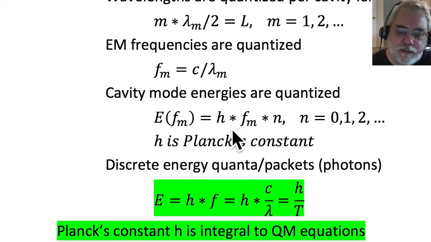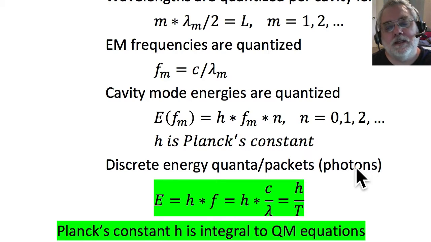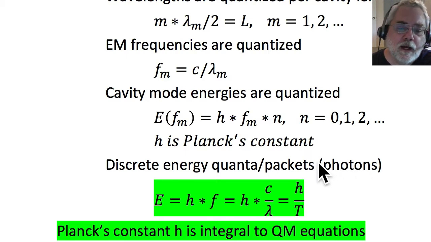So that is the quantum of energy by which the cavity mode changes. We now call that photons, but Planck didn't call it photons, and I don't think Einstein called it photons. I think someone else called it photons after Einstein.